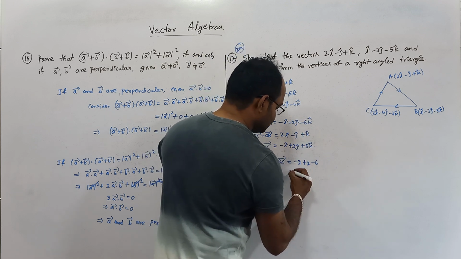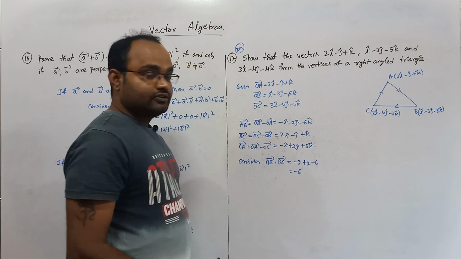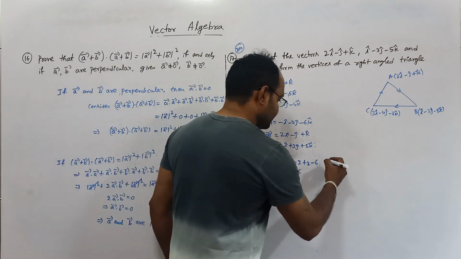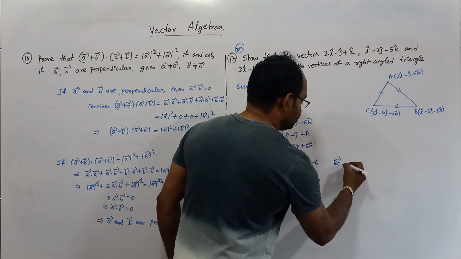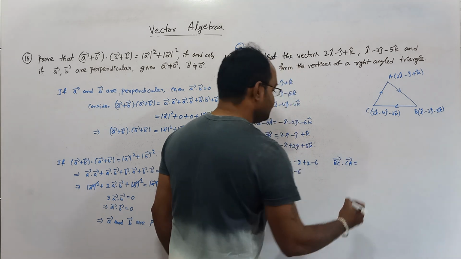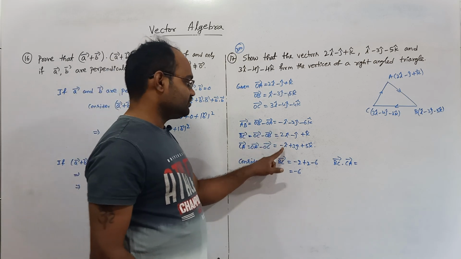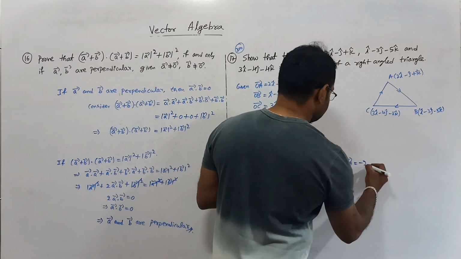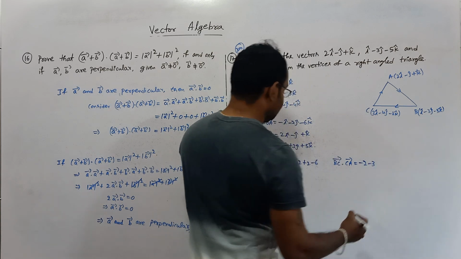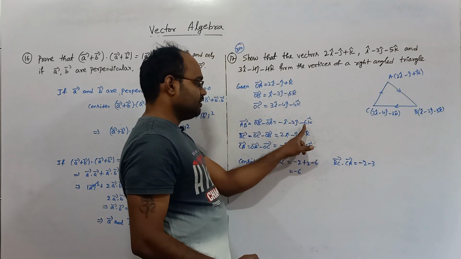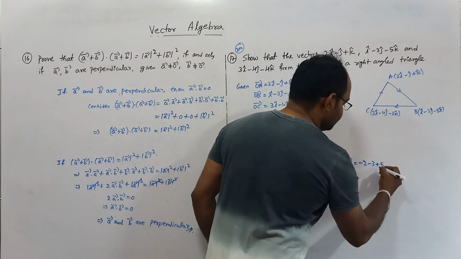So you will get minus 6, right? And vector BC dot CA: this into this, 2 into minus 1 is minus 2, minus 1 into 3 is minus 3, 1 into 5 is 5, so it is 0.